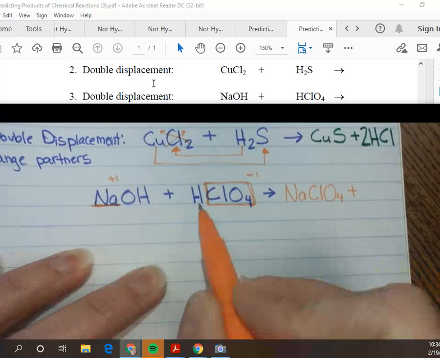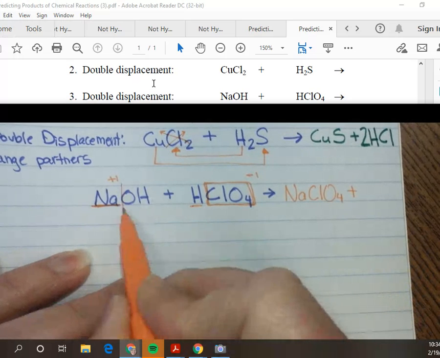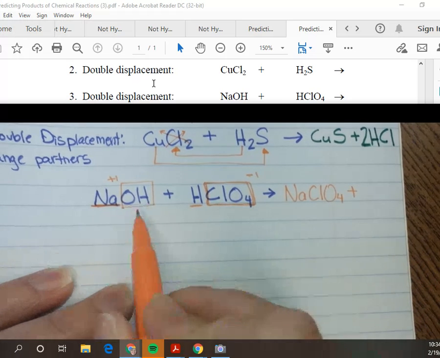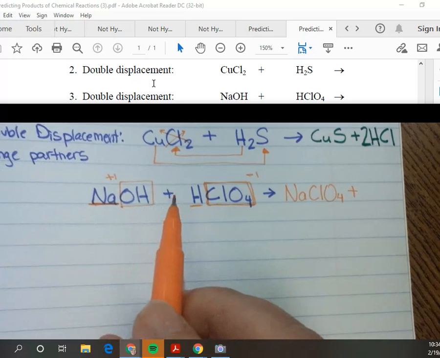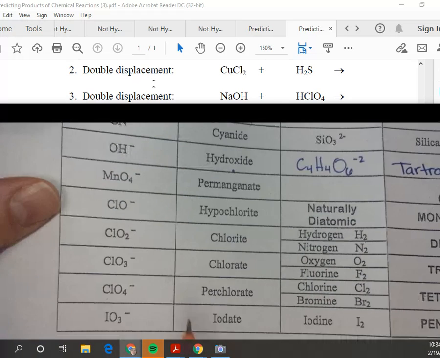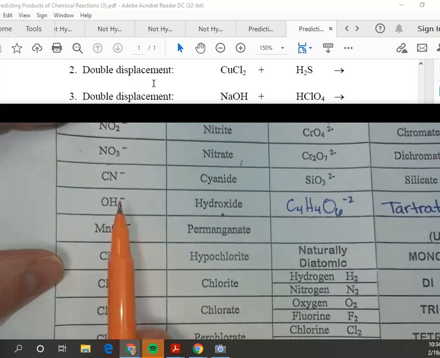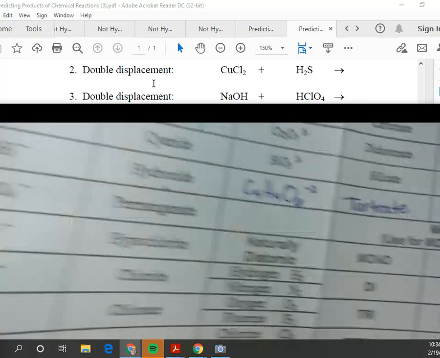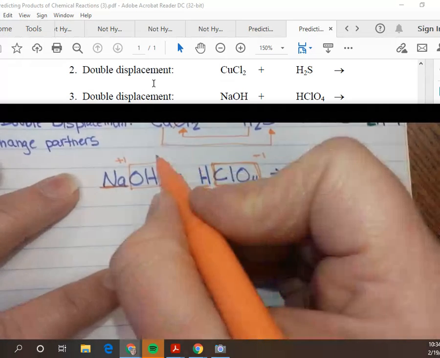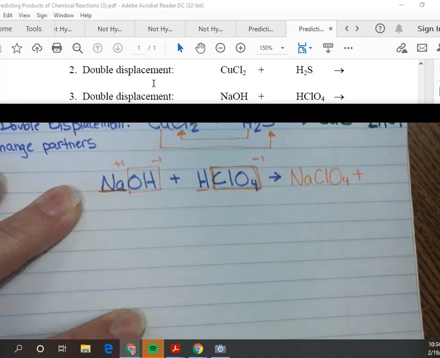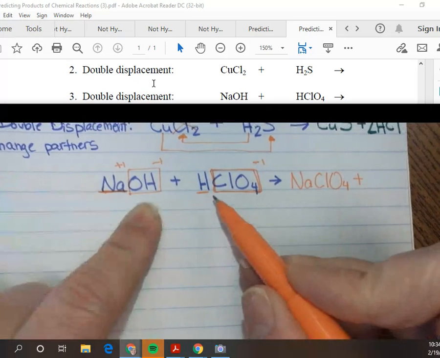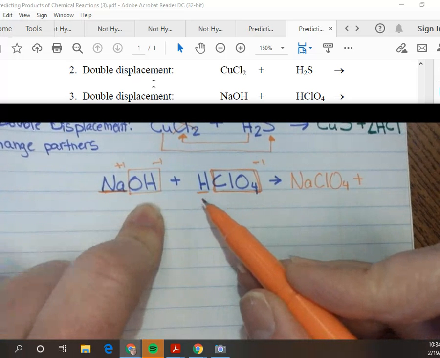And then my first and my last, you might say, well, I didn't know OH was an ion. Well, look and see. There's hydroxide. It has a -1 charge. So you're going to have to come back to your cheat sheets if we don't remember them. Now, I could write HOH, but how do we normally write HOH?